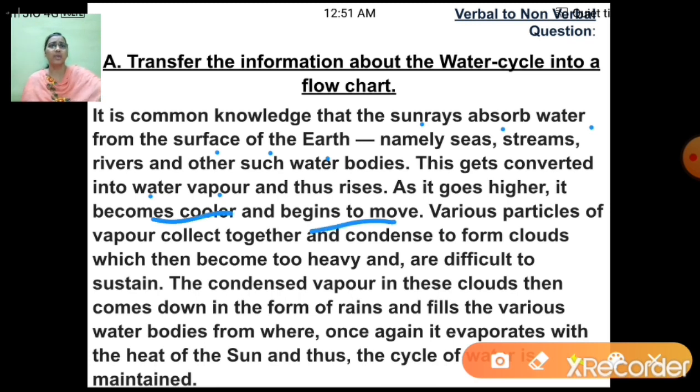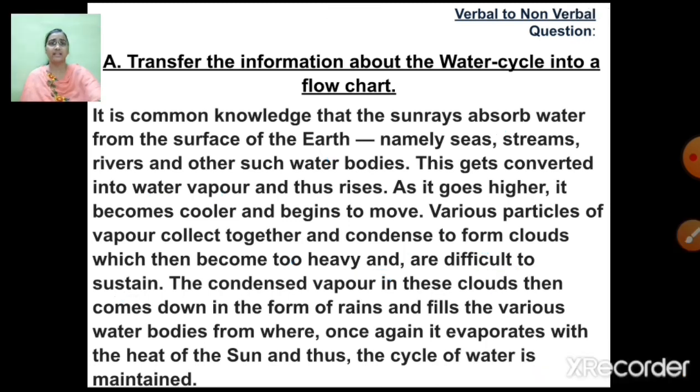Then, various particles of vapor collect together and condense to form clouds. That can be the next point, which then become too heavy and difficult to sustain. Okay, this will be our next point.